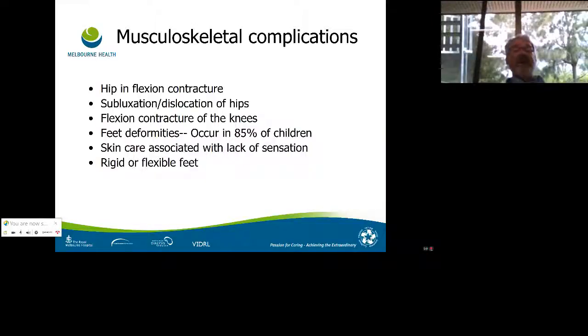85% of children have feet deformities. Lack of sensation can lead to issues of skin care, and it's really important to be aware of that potential risk and to check out the feet. If people have flexible feet, they're much less likely to have feet deformities or skin care issues.